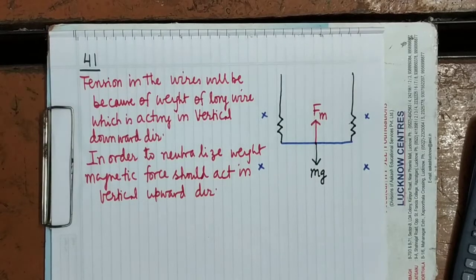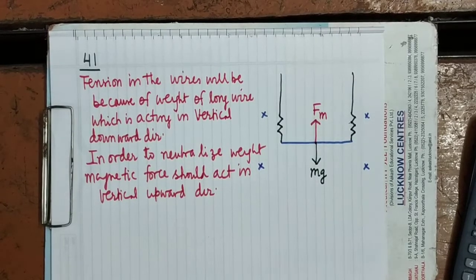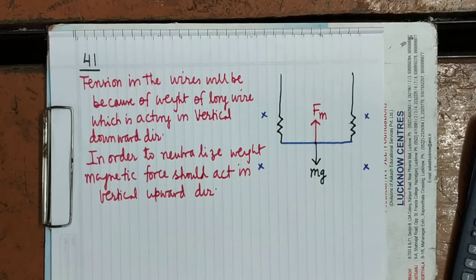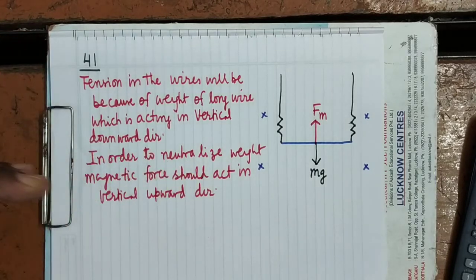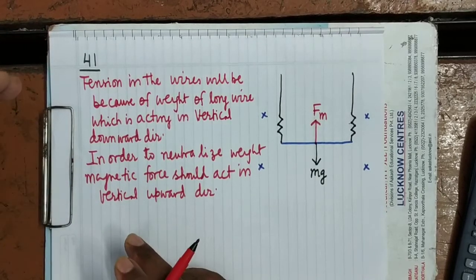Now see here, for this what should be the direction of current? What should be the direction of current so that it acts in the upward direction? See, it is I, B, F. It's clear. Now listen, there is some mistake in marking the magnetic field.